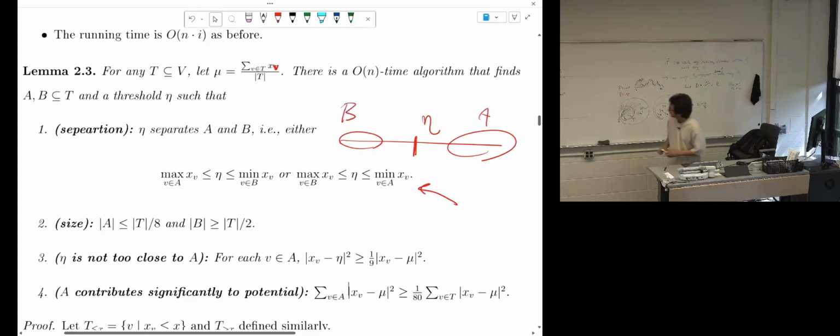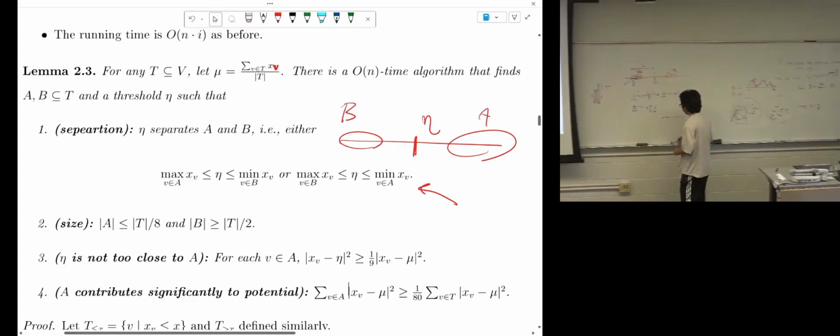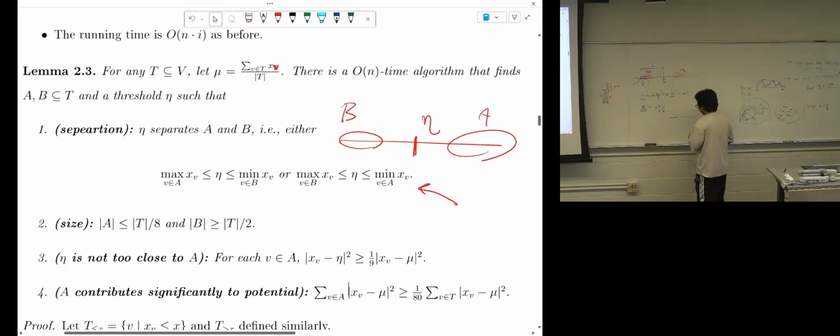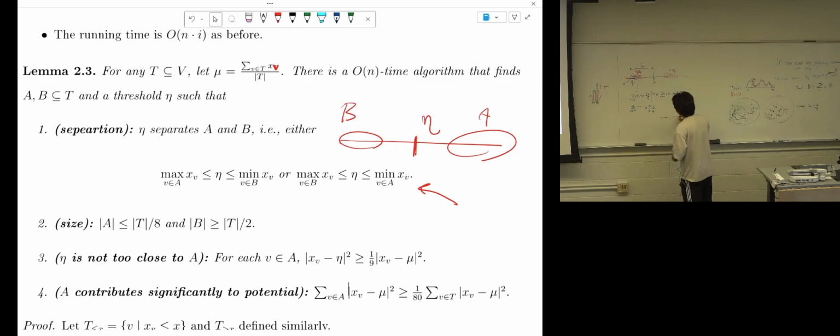I'll just draw it. If this is your mu, the mean, and let's say the left part is less than half, the right part is more than half, without loss of generality.